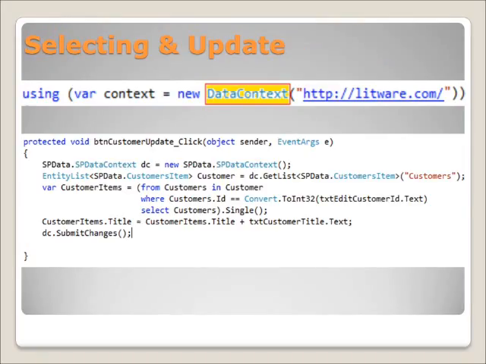So in this slide, I'm looking at a select and an update. I've got a button click event, and the first thing I need to do is get my data context. This is just my proxy code and call it. I'm then querying my customers. I'm then performing some LINQ to select a specific customer based on the customer ID.